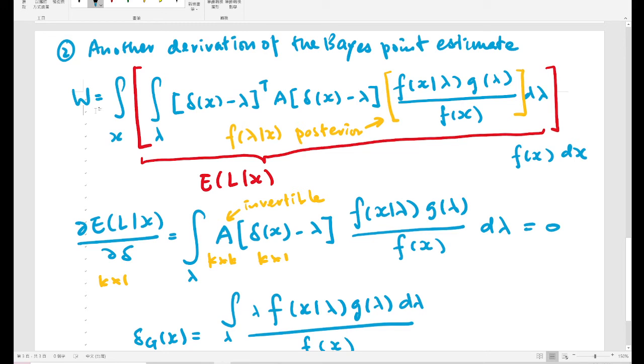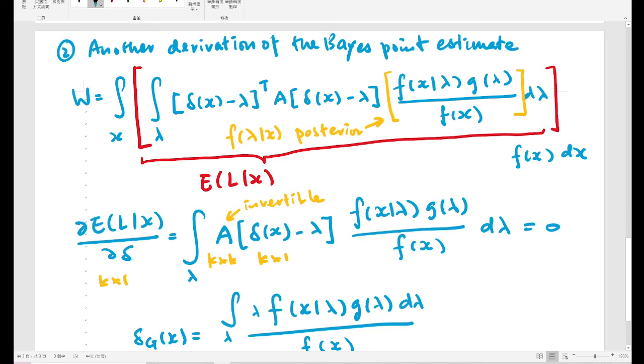Then let me show you the second derivation by using calculus. First, I try to interchange the orders of integration. Okay, I put the integration over lambda inside. Then I use a red color parenthesis to highlight this term. So in fact, after changing the order of integration, we know that it is the expected loss for any given value of x.